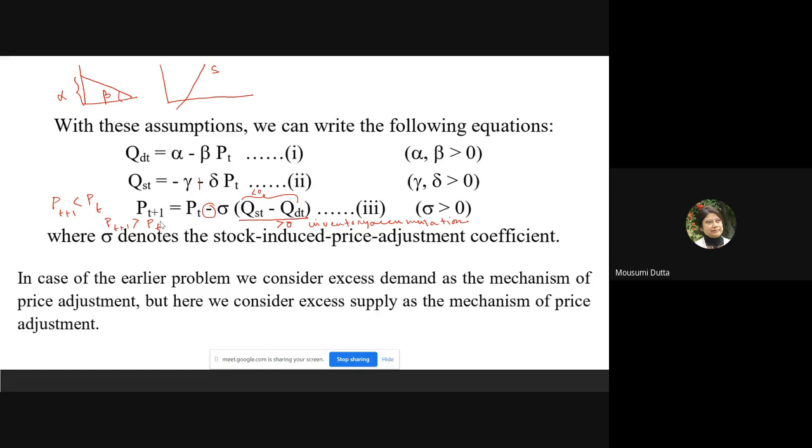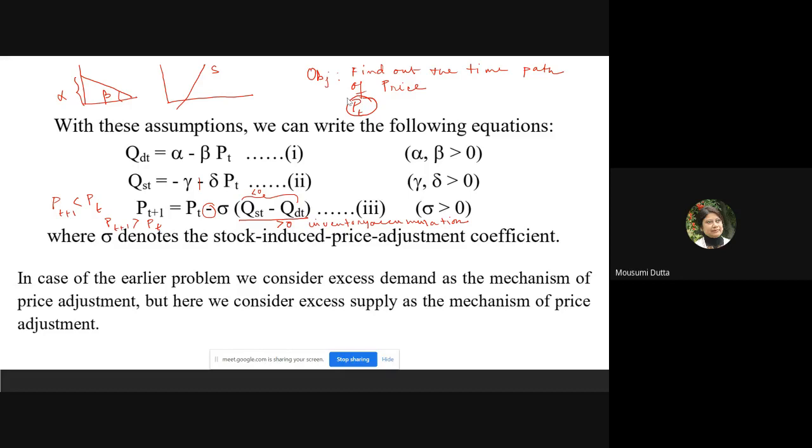So these are the three equations with which we will begin our operation. Now, what is our objective? Our objective is to find out the time path of price, how price moves for say last 10 periods, how price is moving for say last 5 periods.